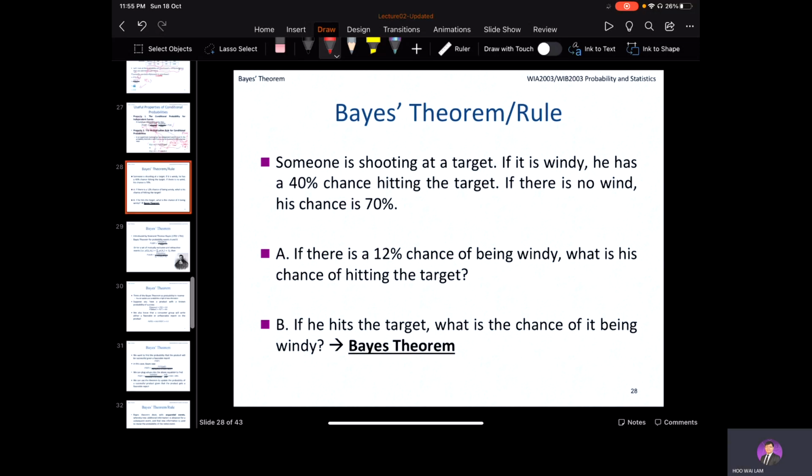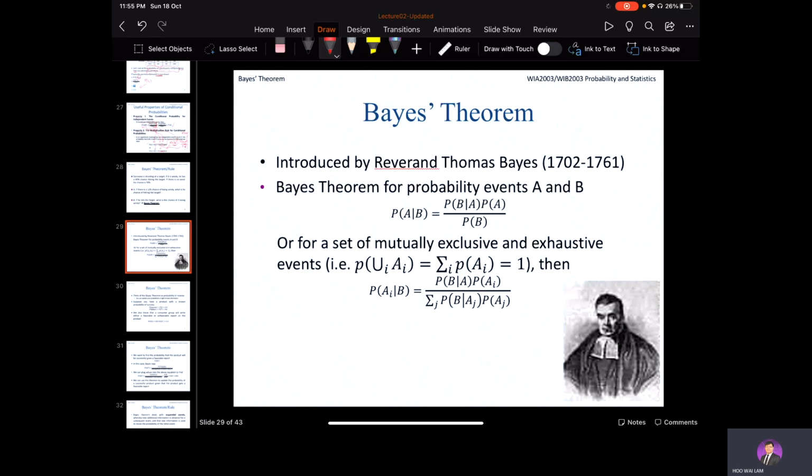Okay. So Bayes' theorem is basically this one. Of course, it was introduced by Reverend Thomas Bayes. And Bayes' theorem for the probability of events A and B is expanded from here.